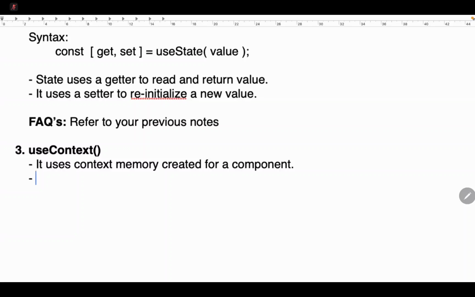To avoid props drilling, we have to use the context. I'm not giving all the detail, which you already have, I'm just giving the point. It is a solution for props drilling.